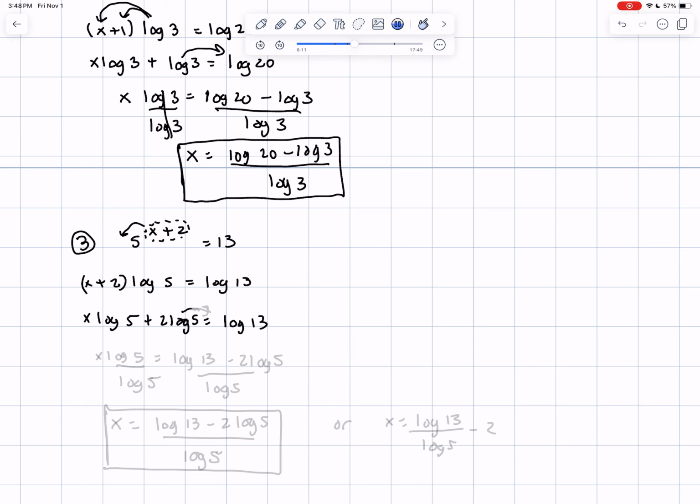We isolate the x. And then what we can do is we can divide the log out.